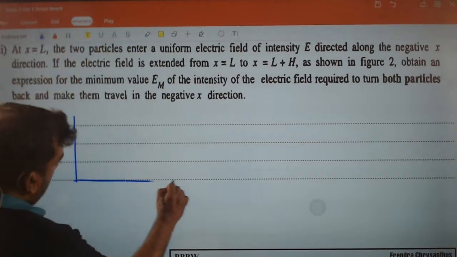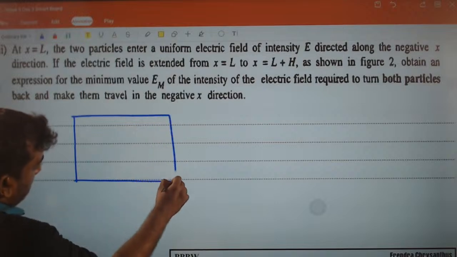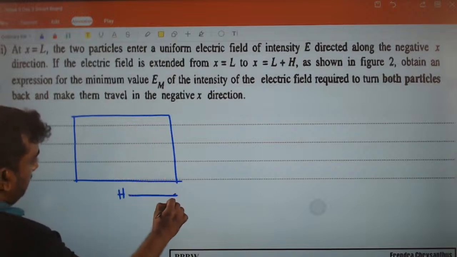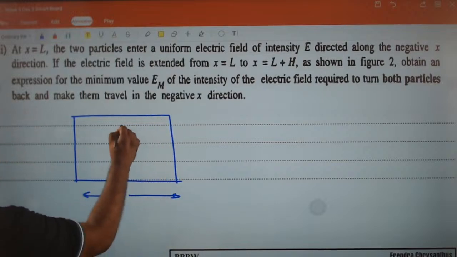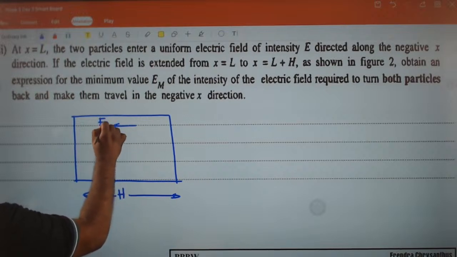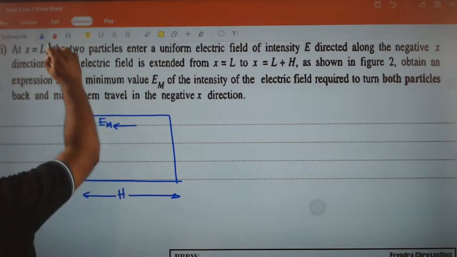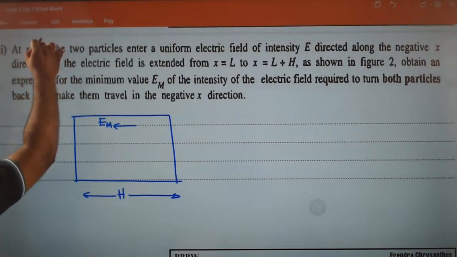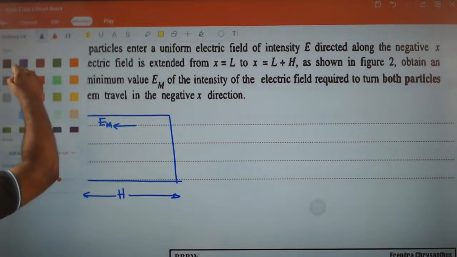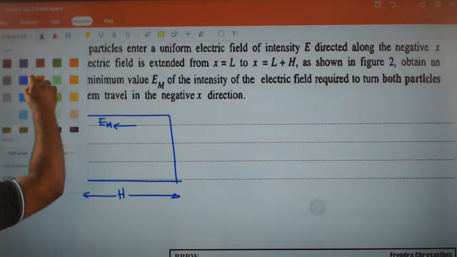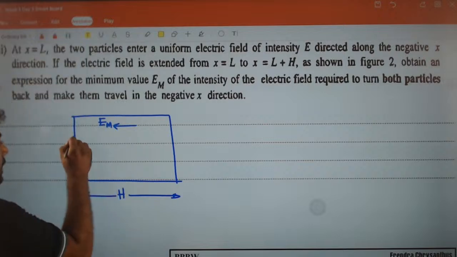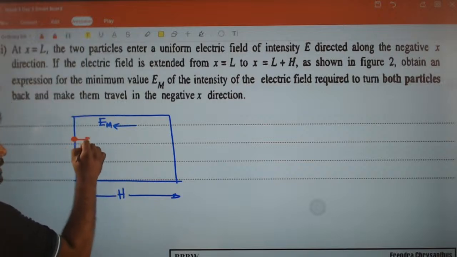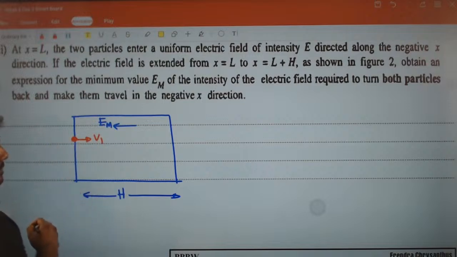Now, over a distance h here, there is an electric field. They want the minimum electric field. What do you mean by minimum? Why minimum? Look at the board. The faster particle enters with velocity V1.